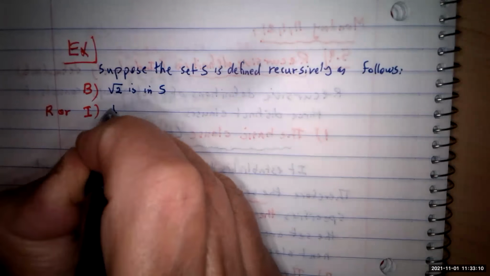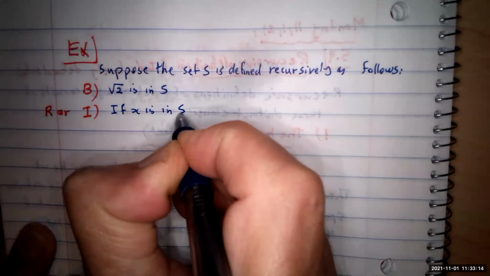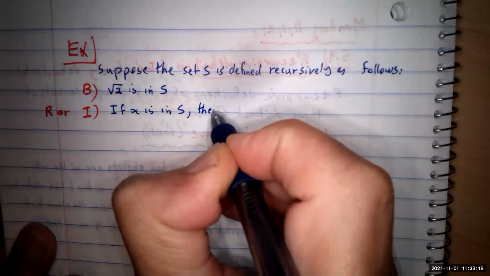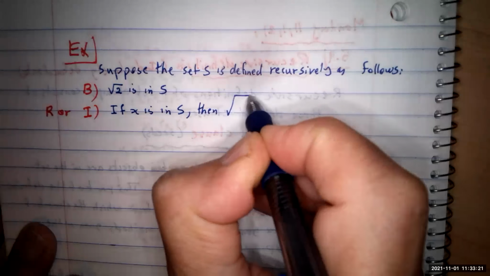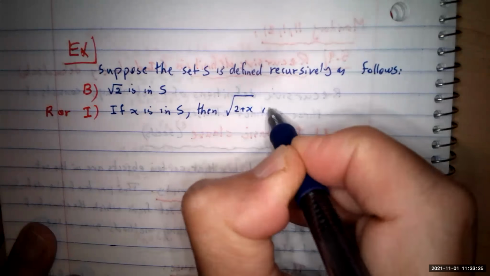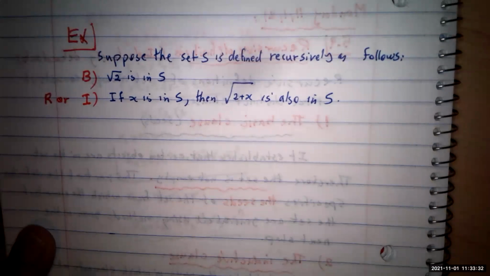The instruction is that if X is in S, then the square root of 2 plus X is also in S. That's the instruction.